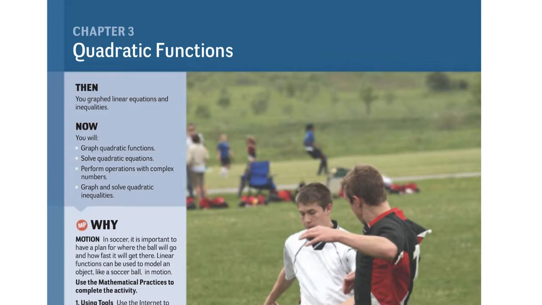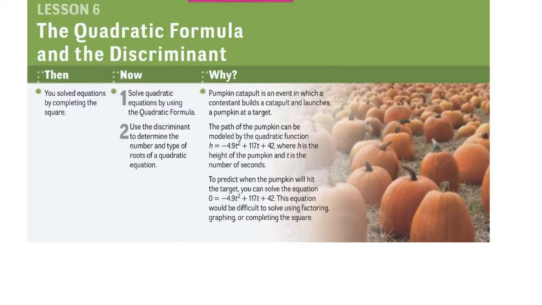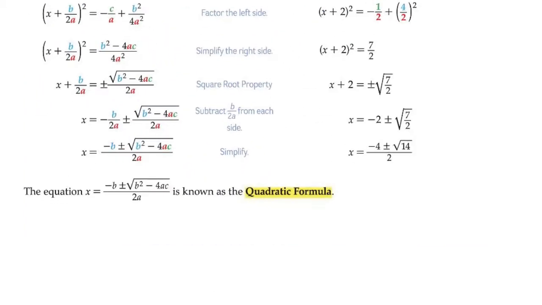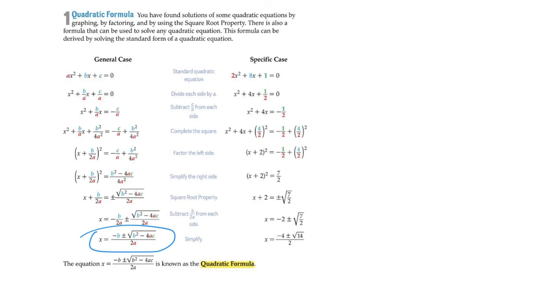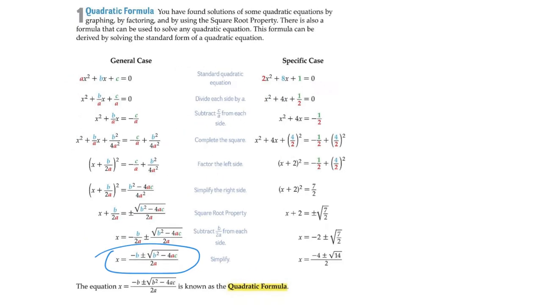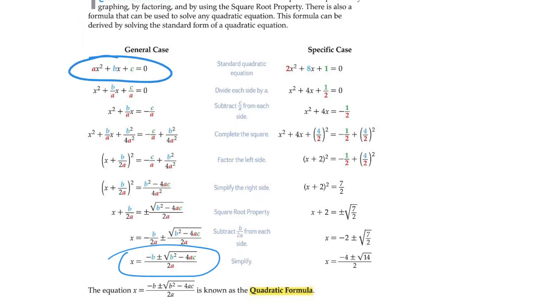So we're still on quadratic functions, and we're going to look at the quadratic formula. Now, I know this is something you probably memorized back in Algebra 1, but now that you know how to complete the square, we want you to be able to derive it from the original general case of ax squared plus bx plus c.